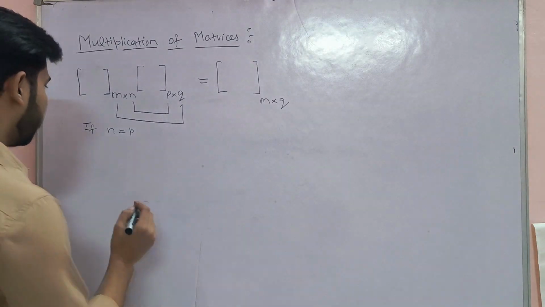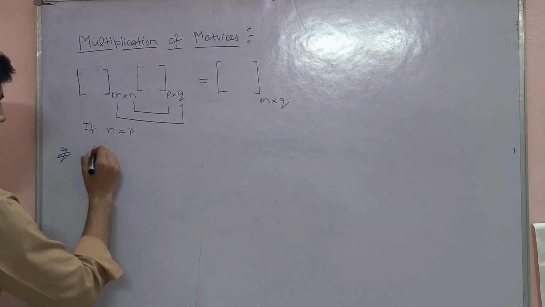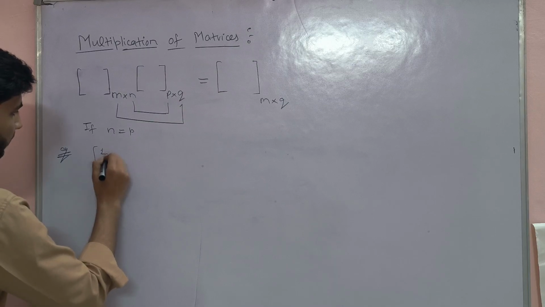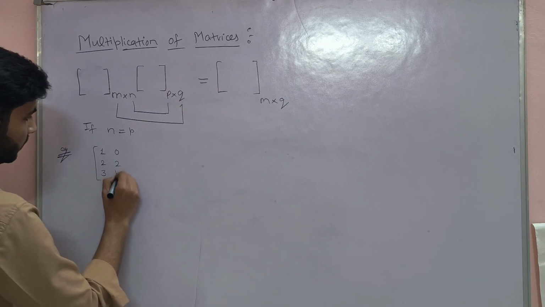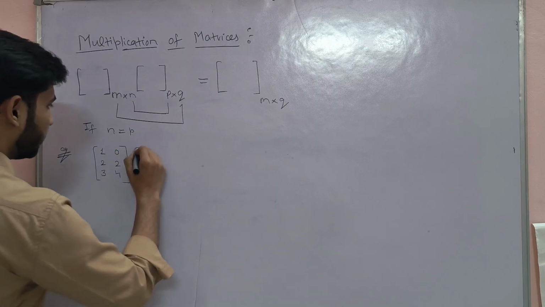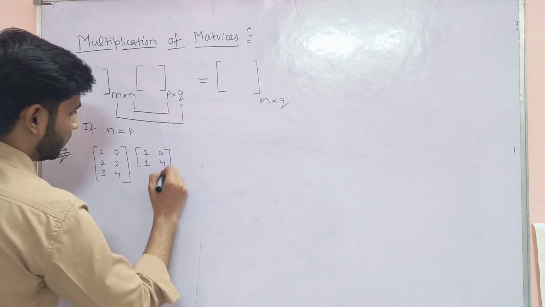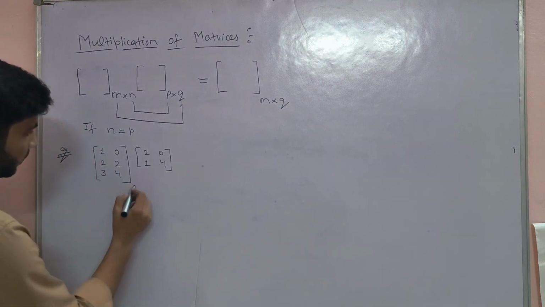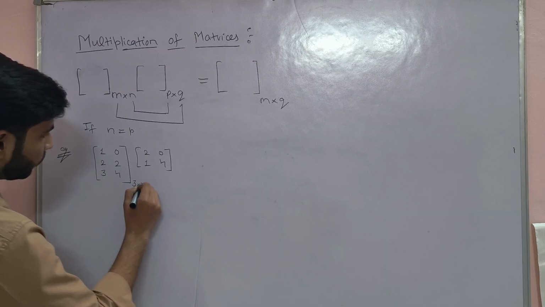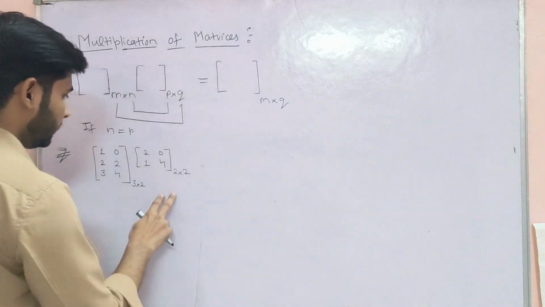So let us take one example. We have this matrix and another matrix. The first matrix has 3 rows and 2 columns, and the second has 2 rows and 2 columns.